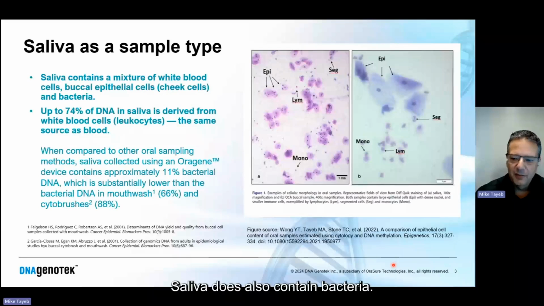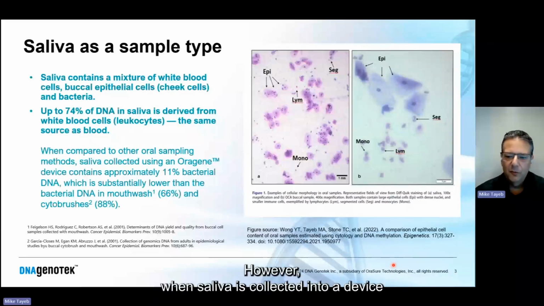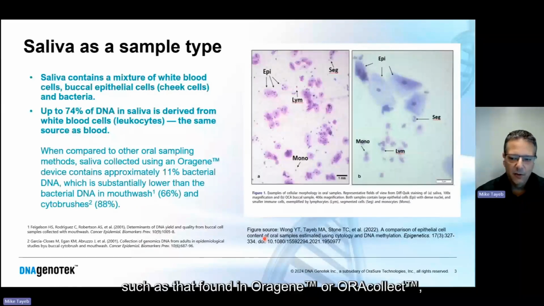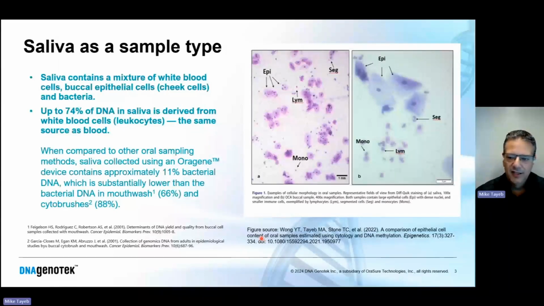Saliva does also contain bacteria. However, when saliva is collected into a device that contains a stabilization reagent, such as that found in Oragene or OraCollect, bacterial growth is prevented and the amount of bacteria is minimized.